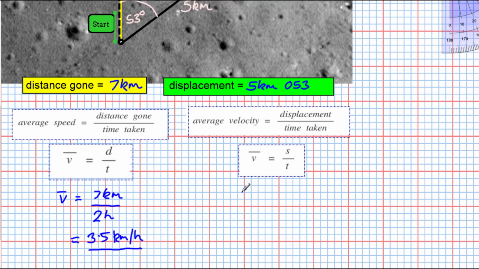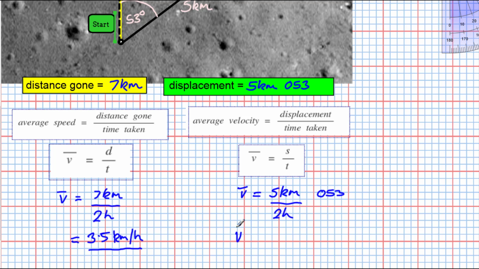So we put in our numbers, and we can find out the average velocity is going to equal the displacement, which is 5 kilometres, divided by the time taken, 2 hours. And remember, the direction in a 3-figure bearing is 053.